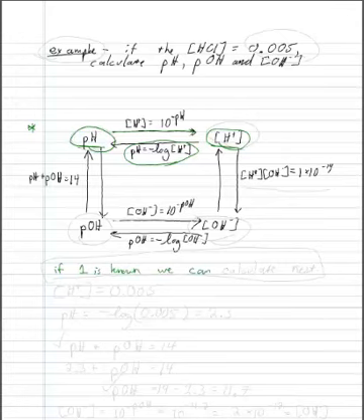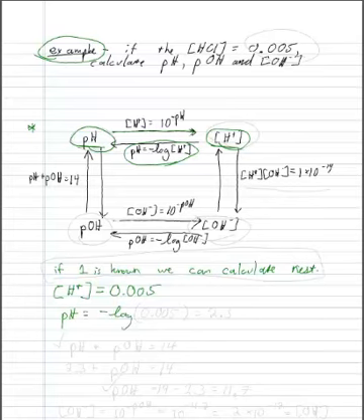So for instance, let's say in this example up here my concentration of HCl is 0.05. Hydrochloric acid being a strong acid, my concentration of hydrogen ions is 0.05. Let's do all of them. My pH is equal to the negative log of this, and that's equal to 2.3. I believe we did something similar to that in the last question.